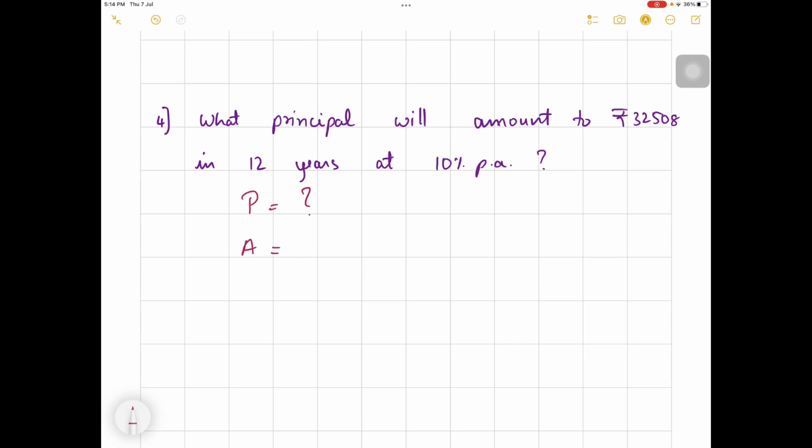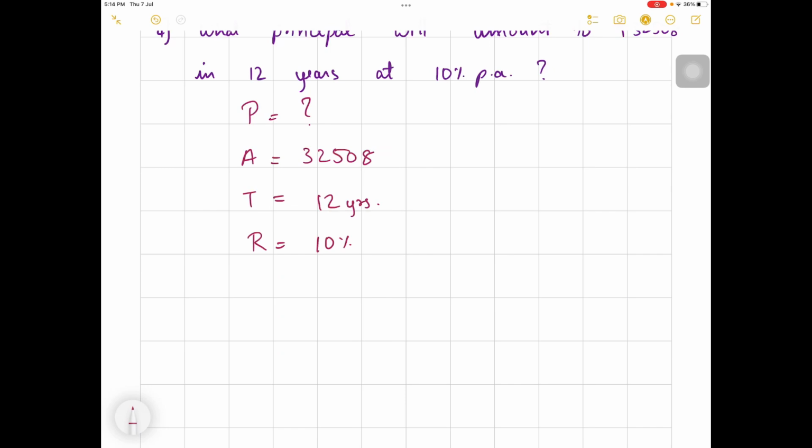Amount is given, 32,508, term is 12 years, and rate of interest is 10%. Okay, so we'll use the simple interest formula and we'll find out. This amount is principal plus simple interest, right?